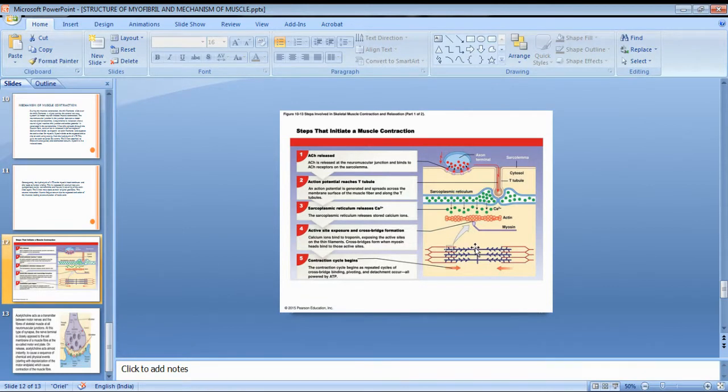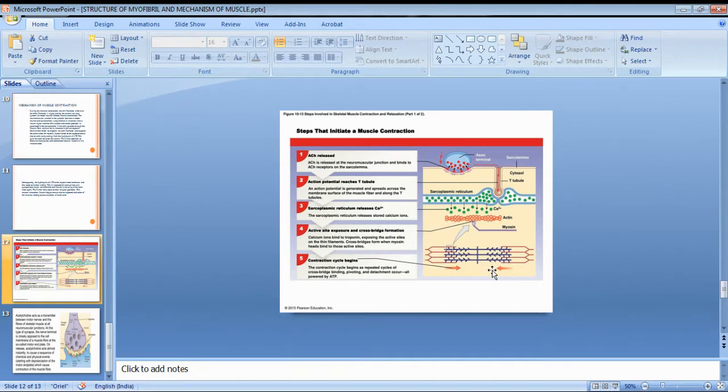There is a push. Okay, each thick filament contains several hundred myosin heads that can form cross bridges with the thin filaments about 5 times per second.